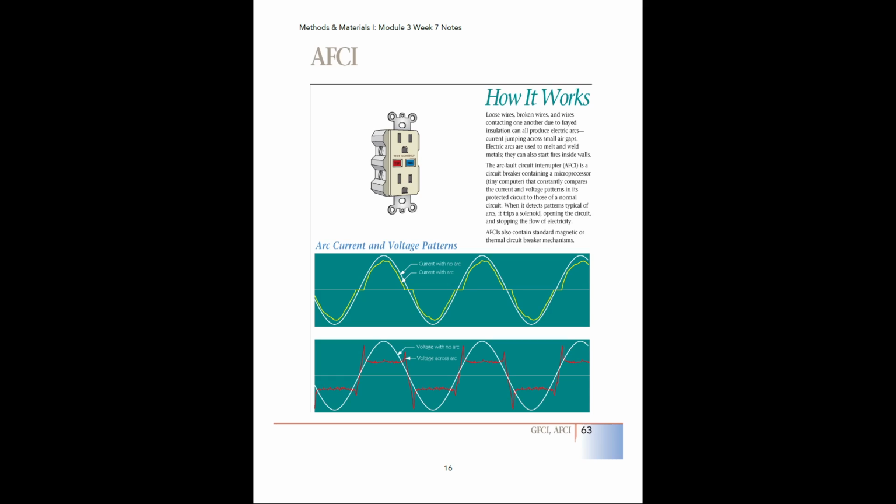So if I'm running two separate circuits and the insulation between two of those cables is worn or broken, you can actually have the current from one cable or wire jump to another cable or wire, and that is called an arc, where they're jumping between each other. And like this is saying, it's basically the current jumping through the air.